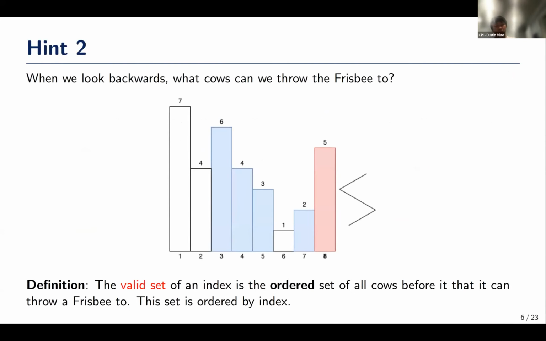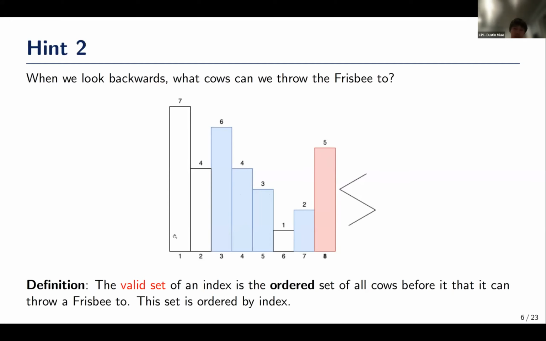So the second observation we want to make is, when we're looking backwards, what cows can we throw the frisbees to? So in this simple example, if we're at cow 5 and we're looking back to see which cows we can throw a frisbee to, we see that we can throw one to the cows of heights 2, 3, 4, and 6.